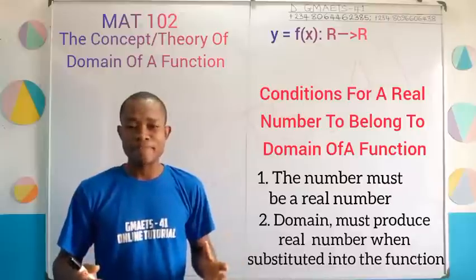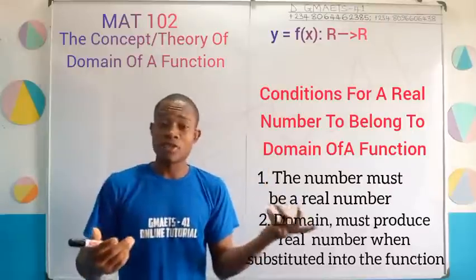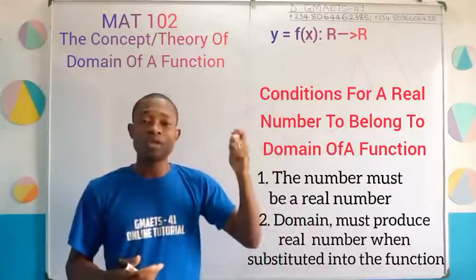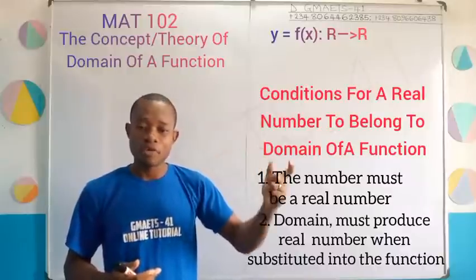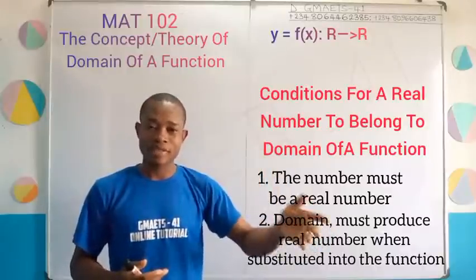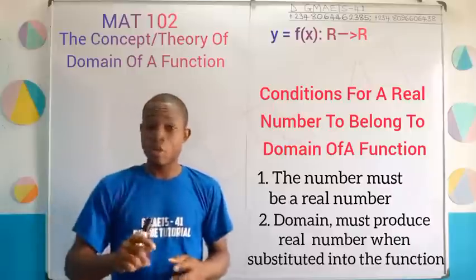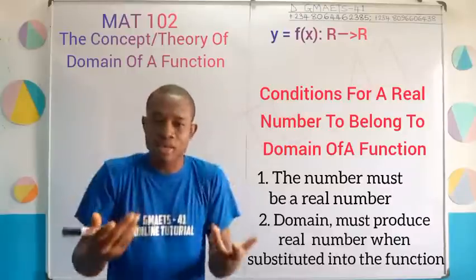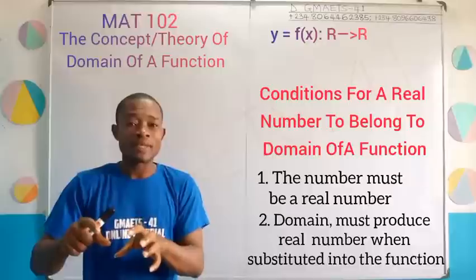What do we mean by that? Imagine I give you a function, say y is equal to 2x all over x plus 1. Any value of x, which is a real number, that you think should be part of the domain.